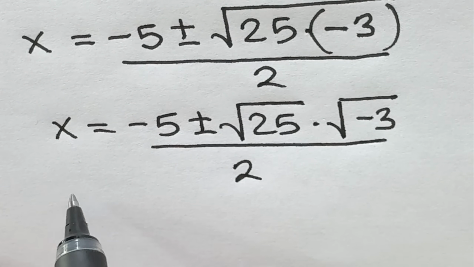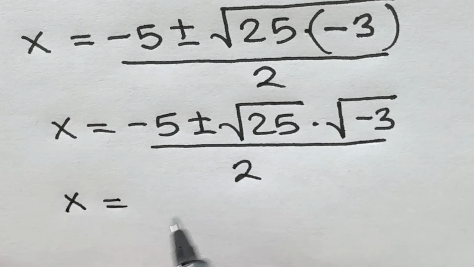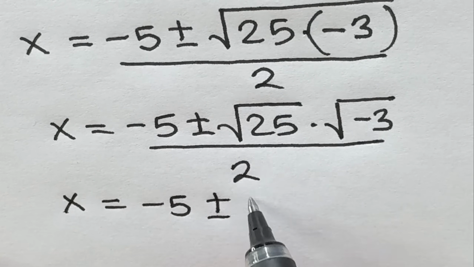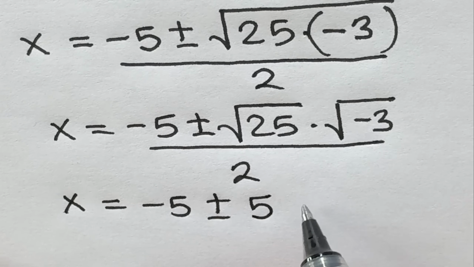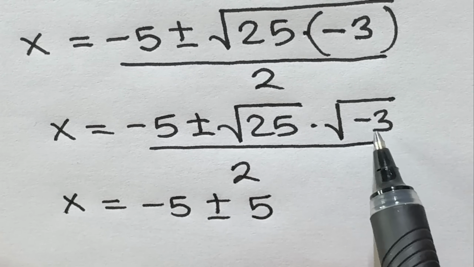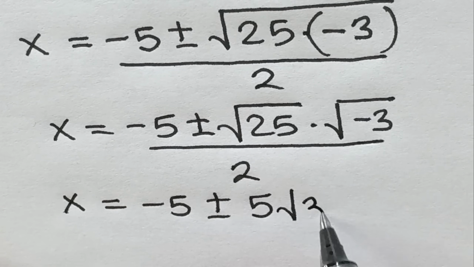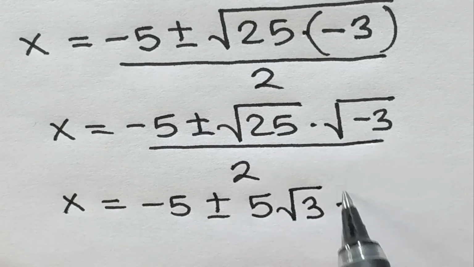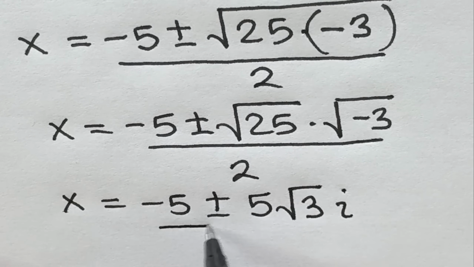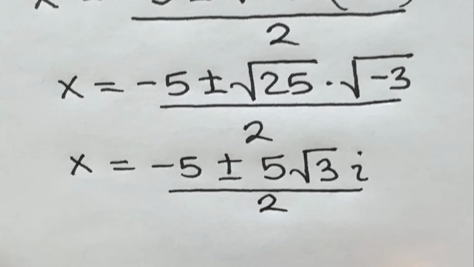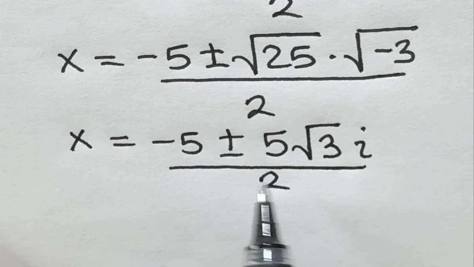So we have x is equal to minus 5 plus or minus the square root of 25, which is 5. Then the square root of negative 3 is going to be root 3 times i, all divided by 2. Let us separate this division.